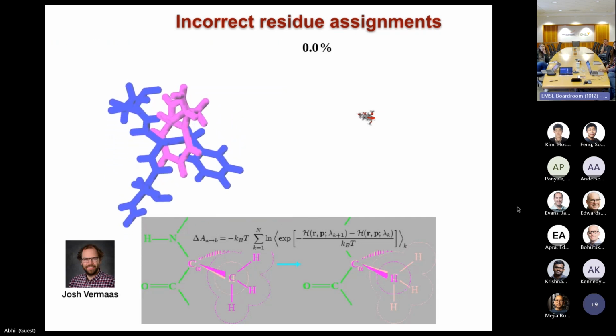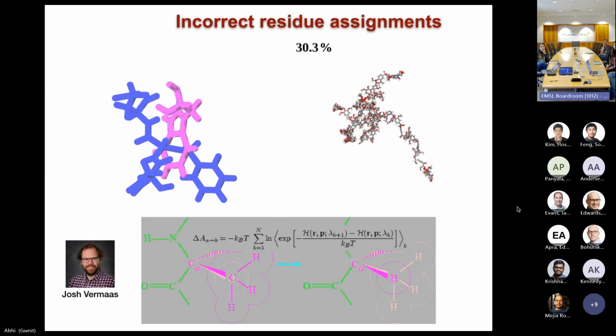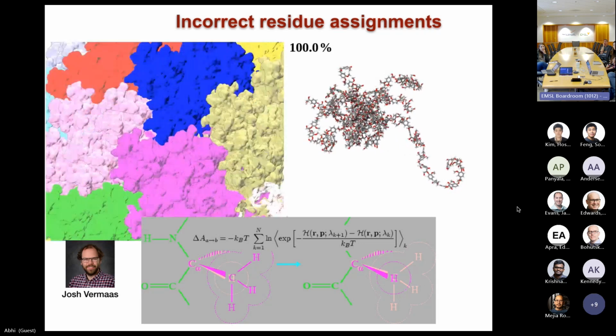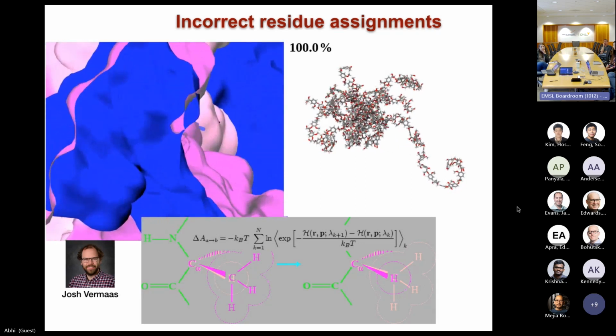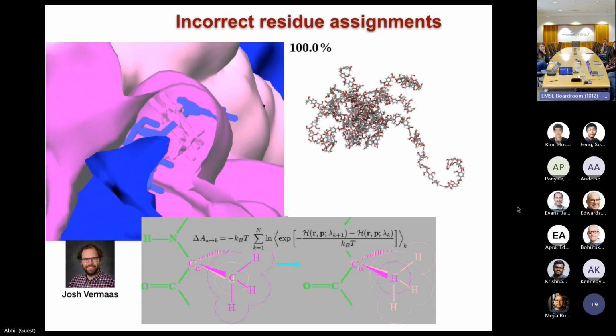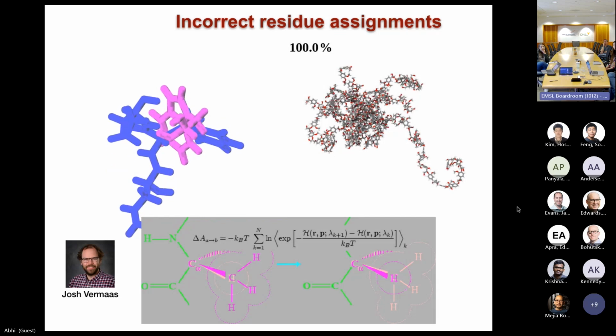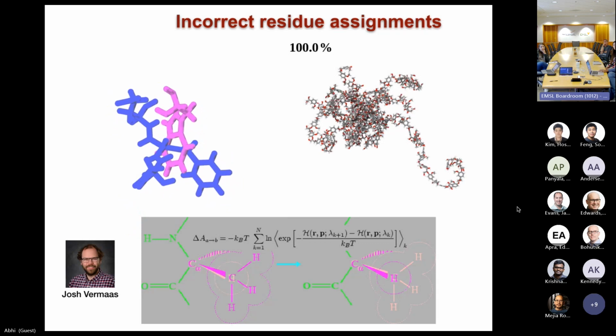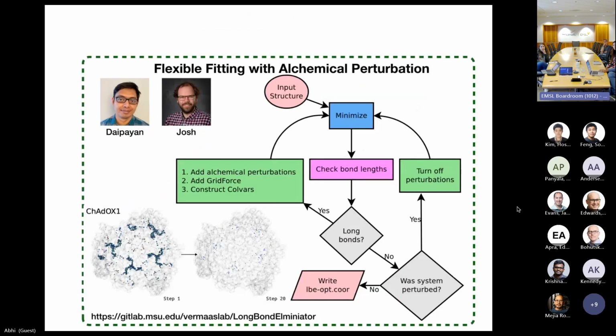We came up with a way of using free energy perturbation to start growing atoms using Monte Carlo based techniques so that they don't bump into each other. It's called a long bond eliminator, and George did this, so you will not have these kinds of problems on the left. A little bit of technical thing that we found while we were doing these large multimeric systems.